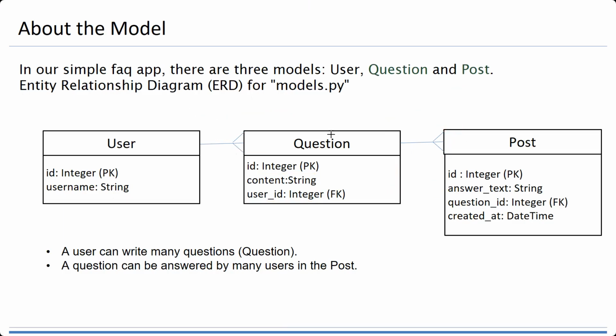And suppose the question and post, okay, this also refers to a one-to-many relationship. One question, there can be many answers. So for example, I want to ask how to learn FastAPI. Maybe one person answers, you can use YouTube. Maybe the ID one, the answer is you can use YouTube.